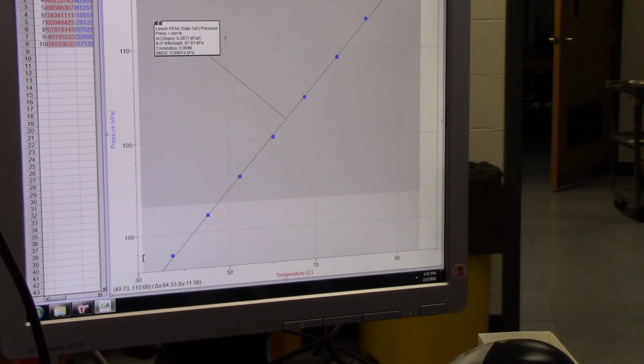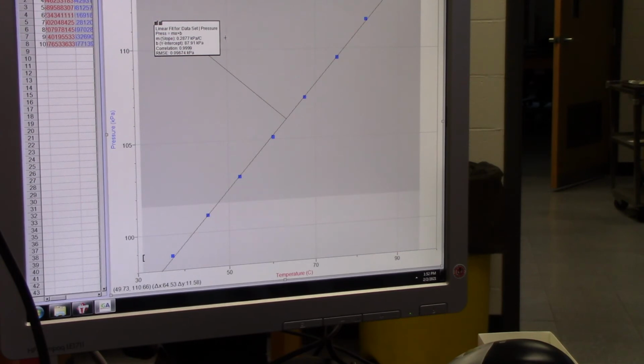The correlation, which tells us how good the data is, is really good. It's 0.9999. Okay, so the data is really good. So what you want to do is write that equation out in terms of pressure equaling temperature.